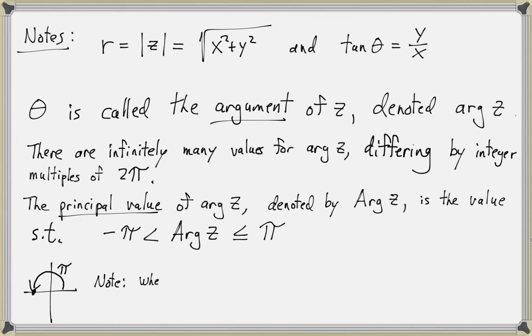So when z is a negative real number, we want the principal value of the argument of z to be pi.